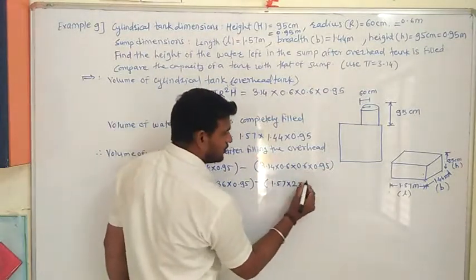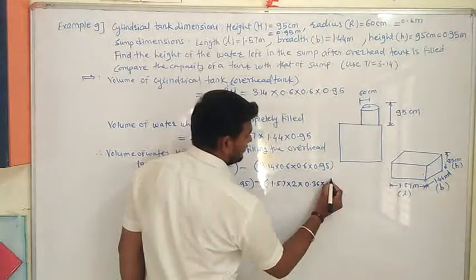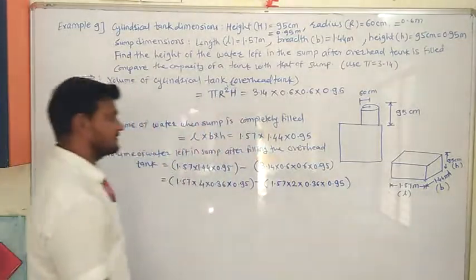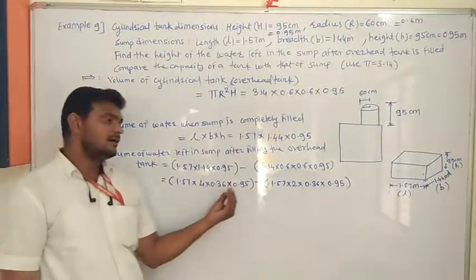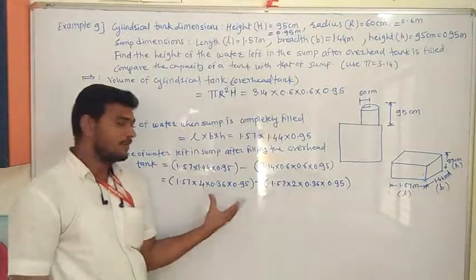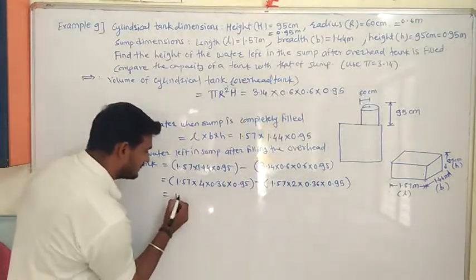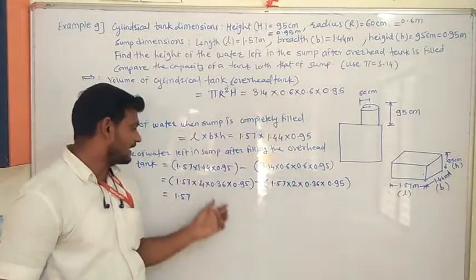And 0.6 into 0.6 is nothing but 0.36, into 0.95 into 0.95 as it is we have to write. Now from these two brackets, whatever is common, take it common. Here 1.57 is in this bracket and also in this bracket, take 1.57 common. Here 4 is not available in this bracket.